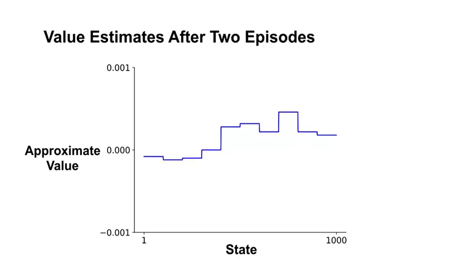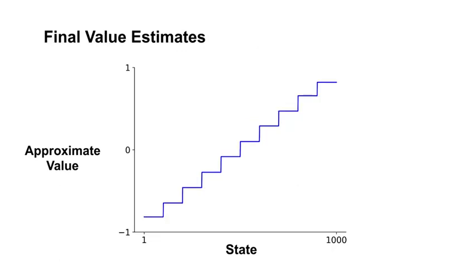Let's look at the same plot after another episode. This time the agent terminated on the left, getting a reward of -1. That means the return from every state was -1. The weights for the visited states decreased slightly. After running for many episodes, we get state values that look something like this. Each step in the plot corresponds to a group of states that share the same approximate value.